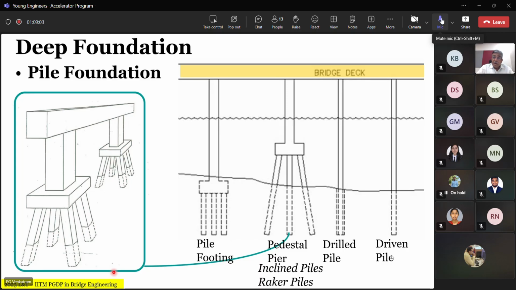Stability? Are you telling me you can design any foundation which is unstable? So Kalyan, our words should have a precise meaning.